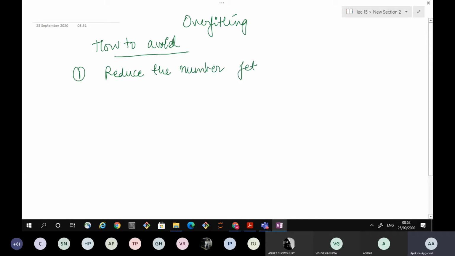Now these can be redundant features. Redundant features means, suppose I have date of birth and I have age, so both of these almost represent the same thing. From my date of birth I can calculate age, and from my age I can calculate the date of birth.